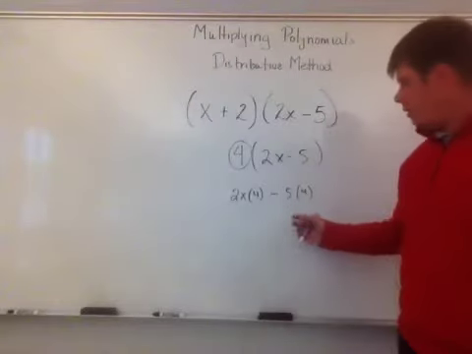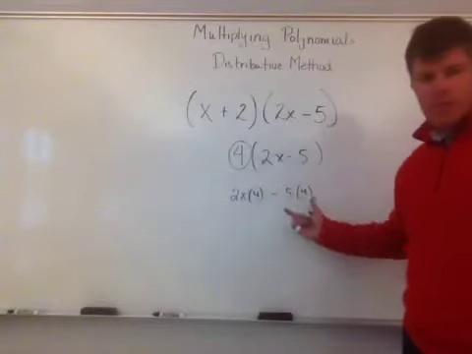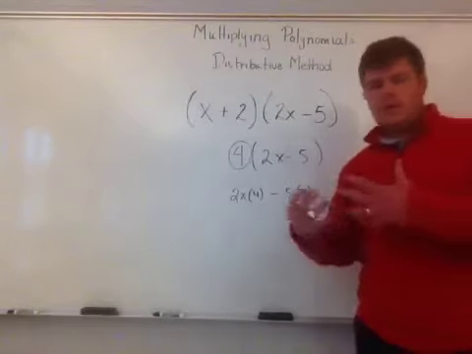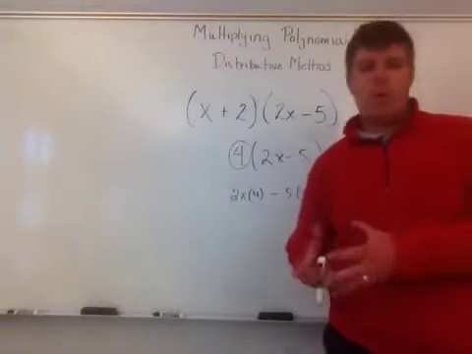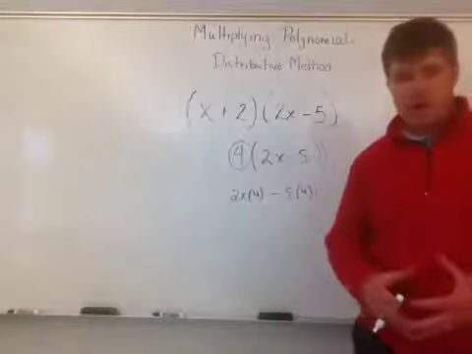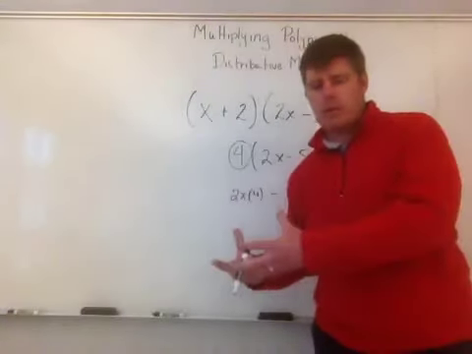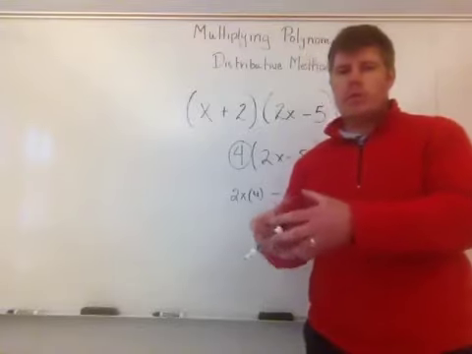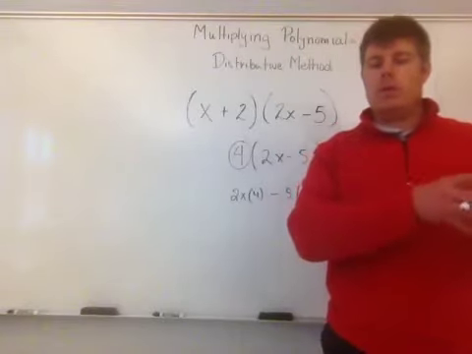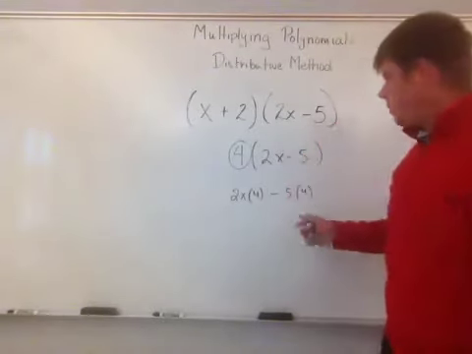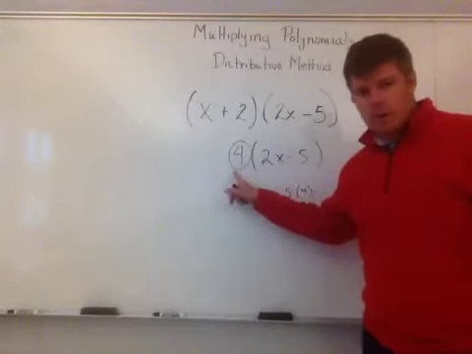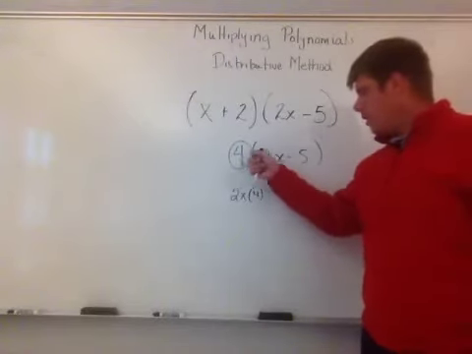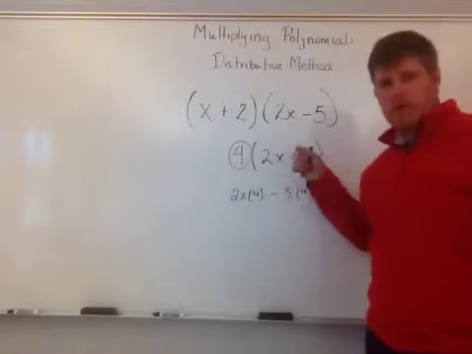It would have been 2x times 4 minus 5 times 4. Notice that I'm multiplying 4 by both of these terms. So the distributive method states that if I have some quantity, because 2x is a quantity, multiplying another quantity, I can write the one quantity as a multiplication of each individual term in the other quantity. So here's my quantity of 4, and I just make this a multiple of every term on the inside.